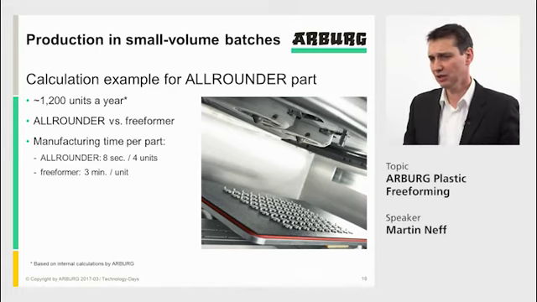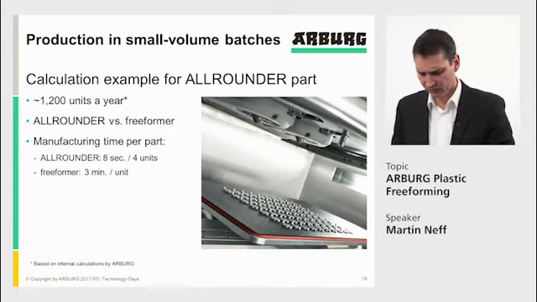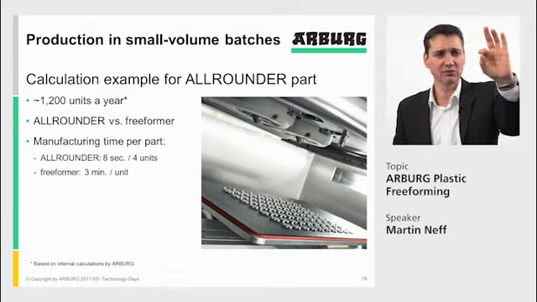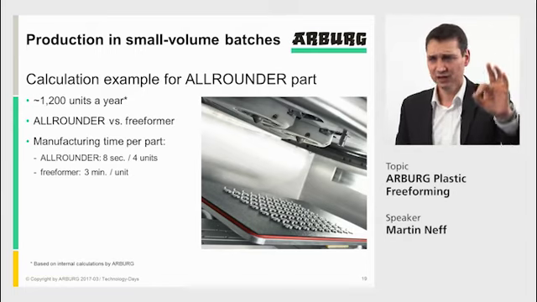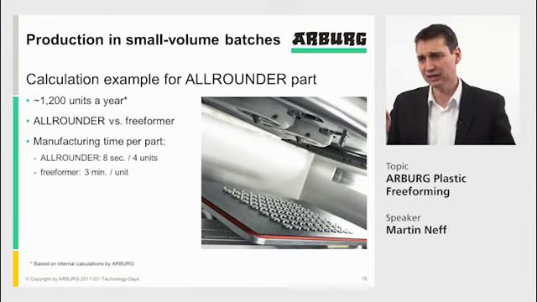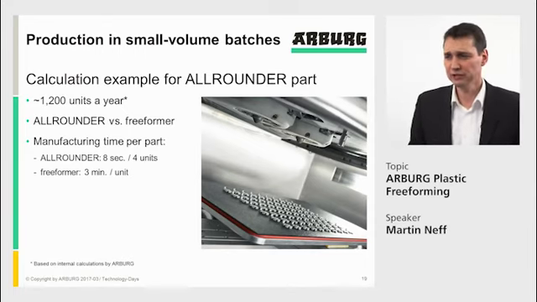Let's look at some manufacturing conditions. With the all-rounder in injection molding, we are talking about an 8-second cycle time for about 4 pieces. With the freeformer, we talk about slightly under 3 minutes per unit.